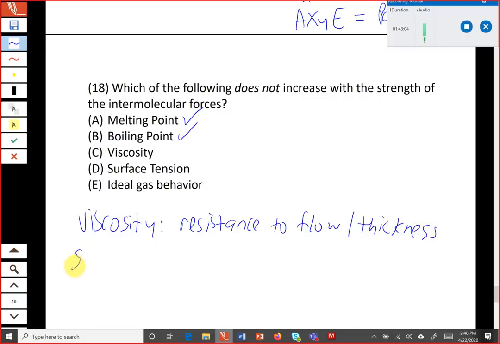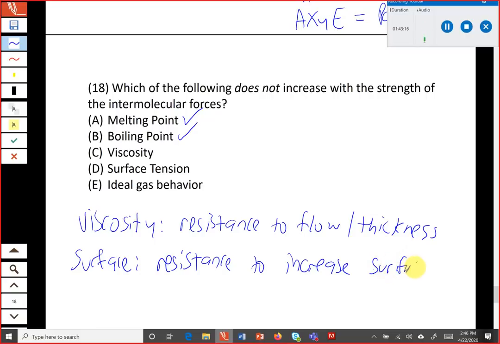And then surface tension is a little bit hard to define, but it's the resistance to increasing the surface area of a liquid. What that essentially means is that at the surface of the liquid you have almost a rigid surface, not perfectly rigid, but a little bit of rigidity, because the liquid doesn't want to spread out any further than it already is.